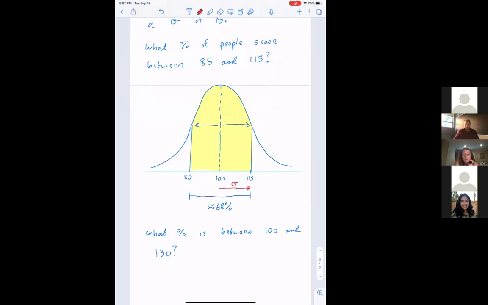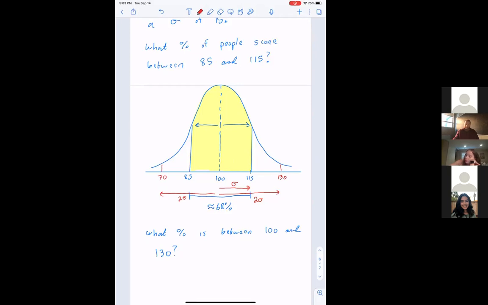So 100 to 130, that's 2 standard deviations. So I know that 2 standard deviations, from the left and right of the mean, is 95%, but we're only doing half of the mean, like half of that side. So we do 95 divided by 2. That gets you 47.